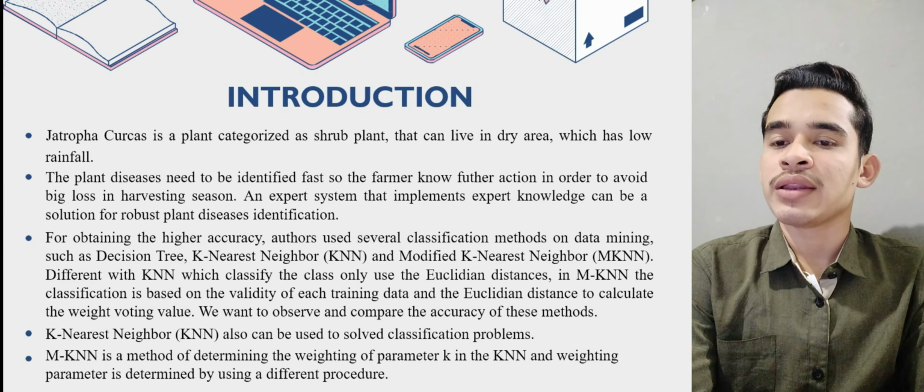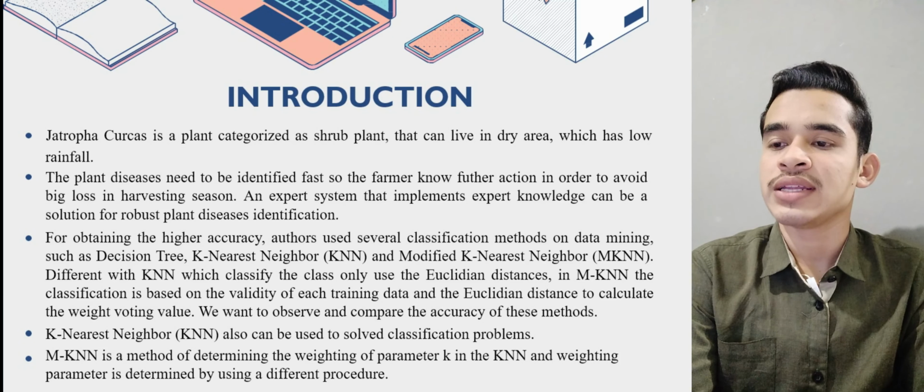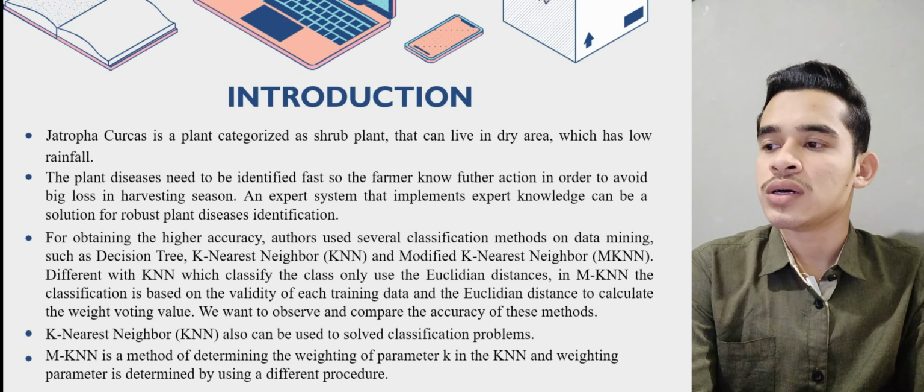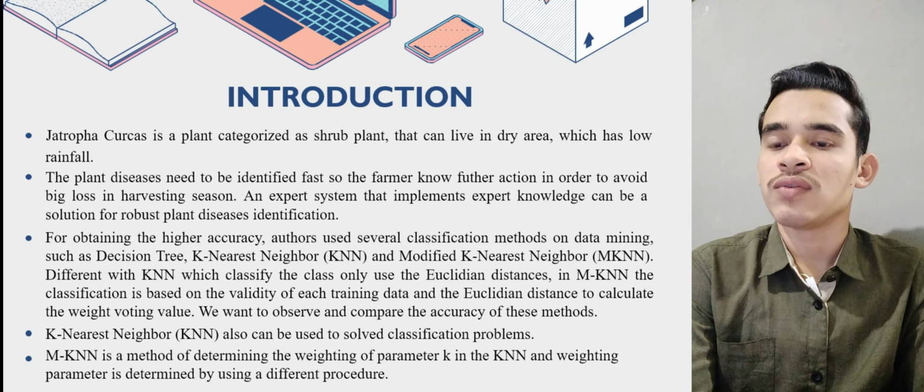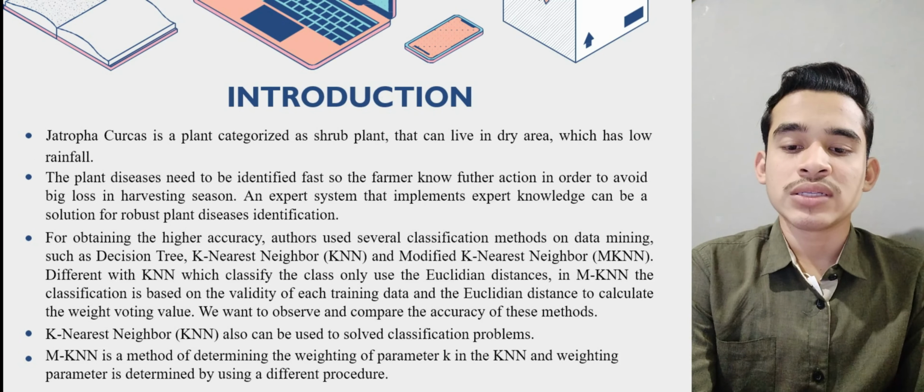In KNN, the classification is based on the validity of a training data and the Euclidean distance to calculate the weight voting value. We want to observe and compare the accuracy of methods, so it can find the best method to get a higher accuracy than previous studies by using the main data classification methods.